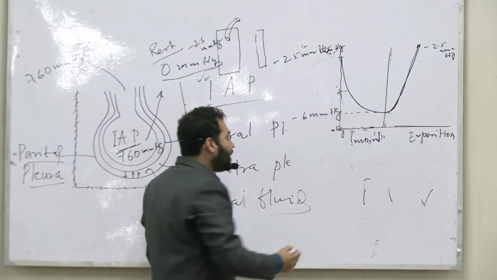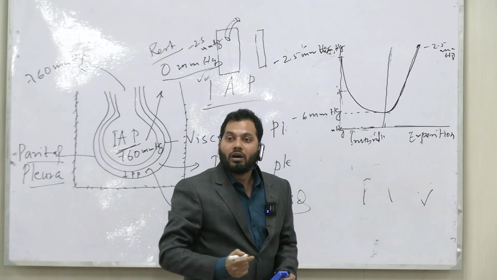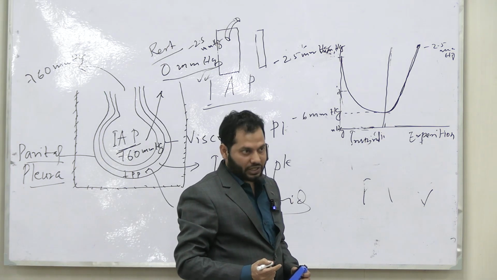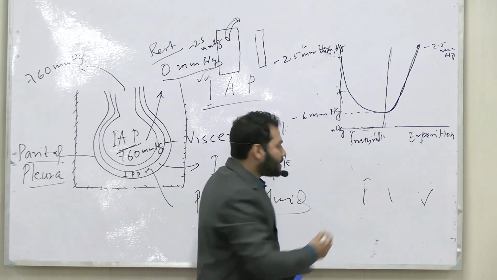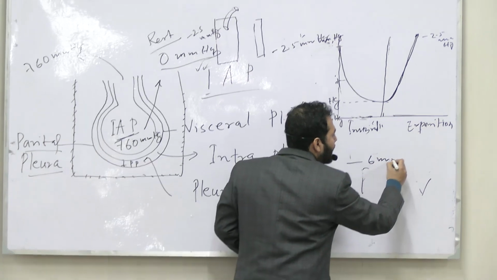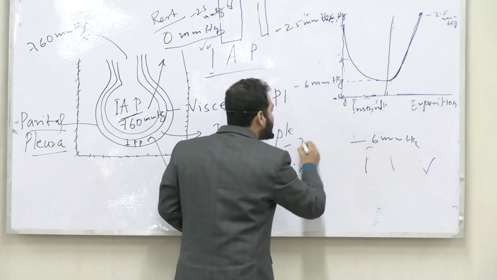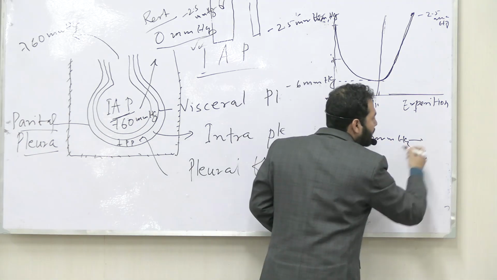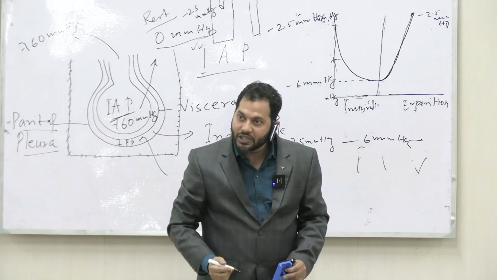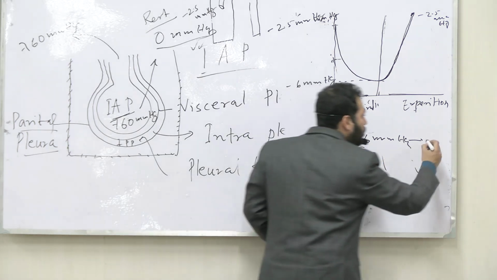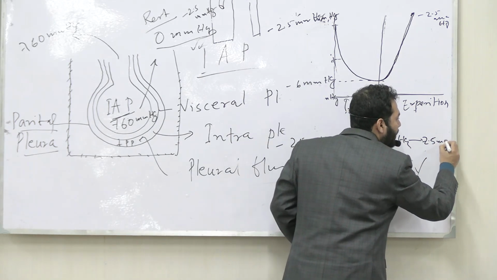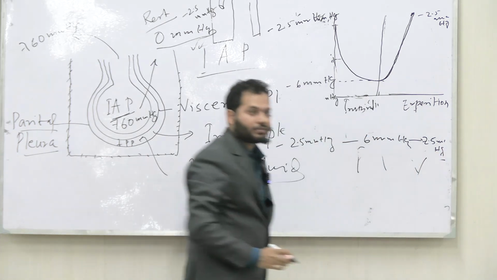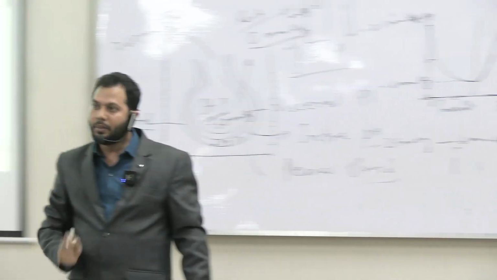So the lowest pressure in the pleural space is minus 6 mmHg, which starts from minus 2.5 mmHg, and ultimately after the completion of expiration, it returns back to minus 2.5 mmHg again. Am I clear?